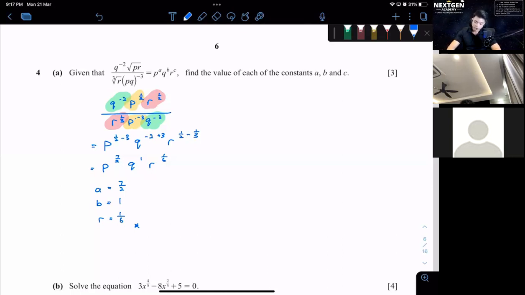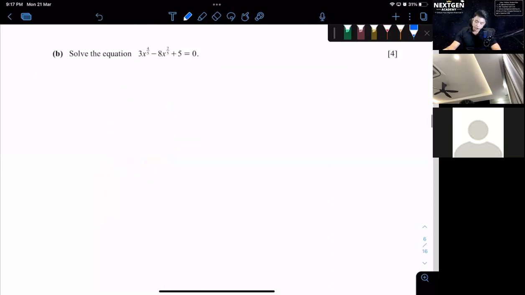Okay, next one. Solve the equation 3x to the power of 4/5 minus 8x to the power of 2/5 plus 5 equals to 0. So this is a complex quadratic equation, the type of question where we use the let method. So what do I want to let? I want to let the middle line because I should come up with an equation.